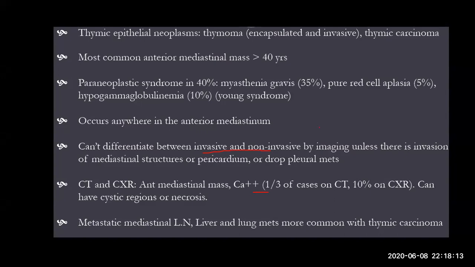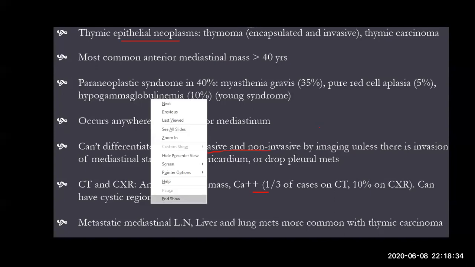We have cystic changes and necrosis. Liver and lung metastasis are more common with thymic carcinoma than with epithelial neoplasm. Any question on this classic thymoma case?